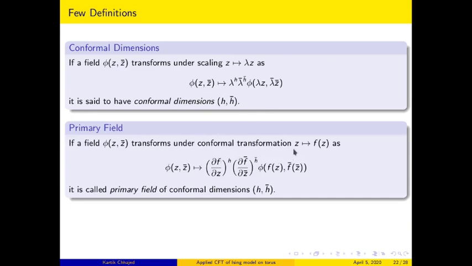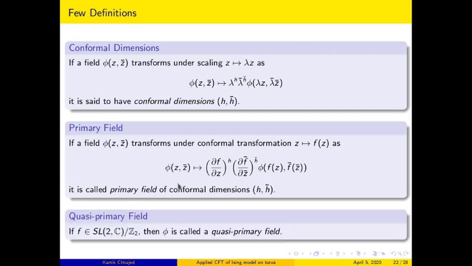If I perform a conformal transformation z to f of z and the field transforms like this, then the field is said to be a primary field. And when this f belongs to the quotient of the special linear group by Z2, then the field is said to be a quasi-primary field.